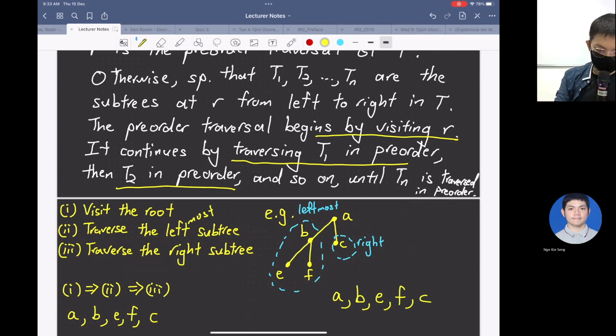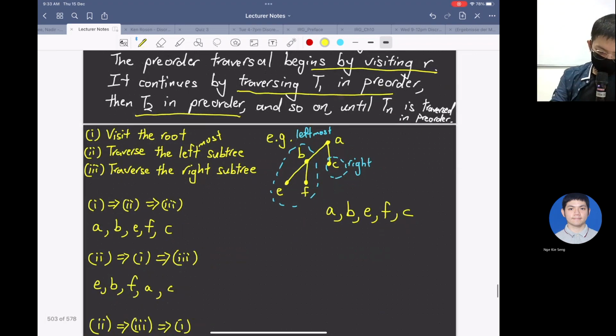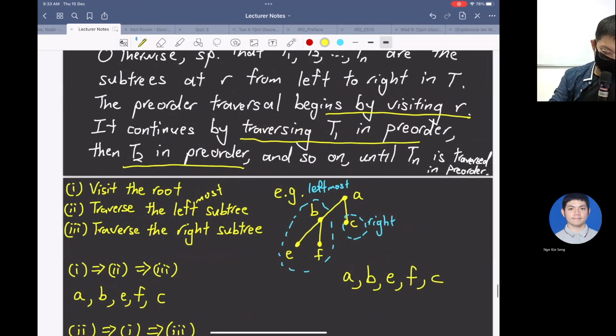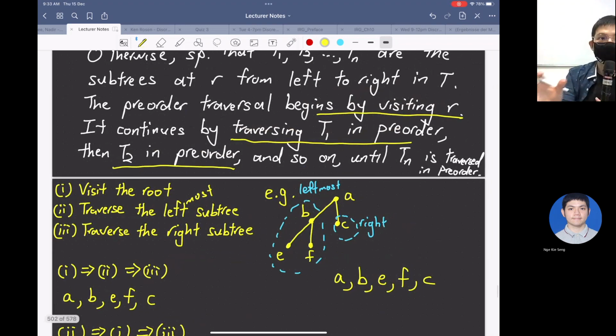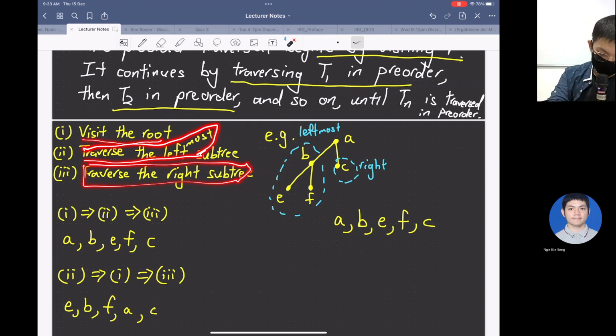So this is the pre-order traversal. From these three patterns here, we can permute them. We can either visit the root, traverse the leftmost, and traverse the right one, or we can traverse the leftmost first, and then visit the root, and then traverse the right subtree.